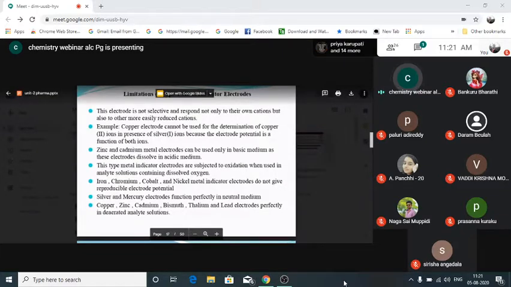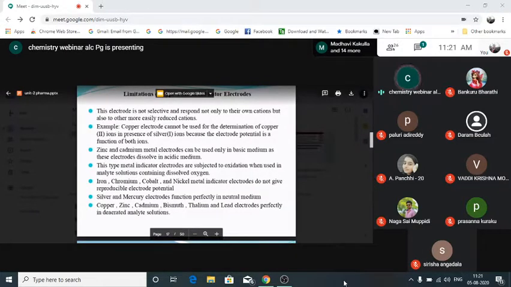It will simply damage the indicator electrode, and you will not be able to get any kind of potential, and you will not be able to find out the concentration of the given unknown solution.